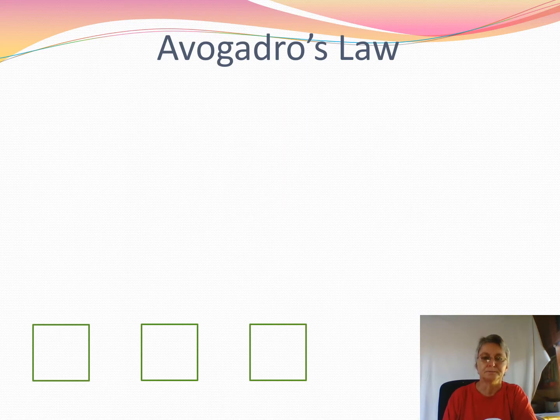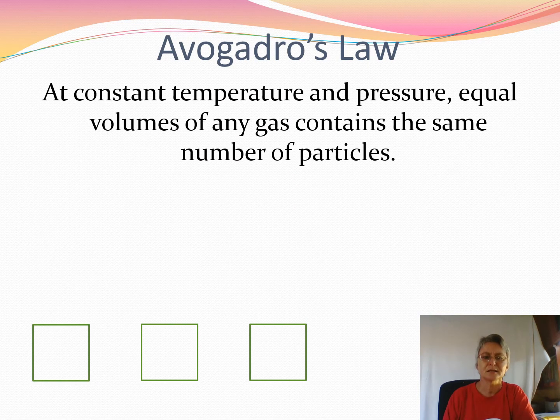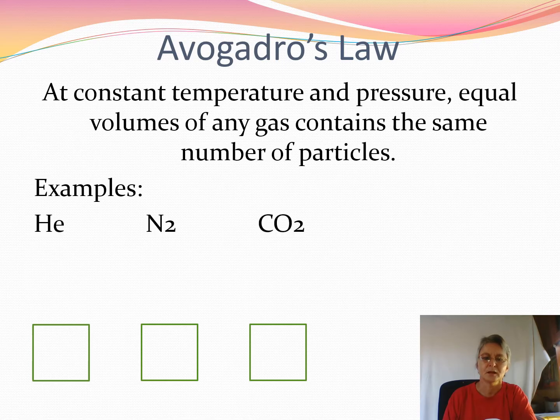Avogadro's law says that at constant temperature and pressure, equal volumes of any gas will contain the same number of particles. So let's do an example. We're looking at helium, nitrogen and carbon dioxide.